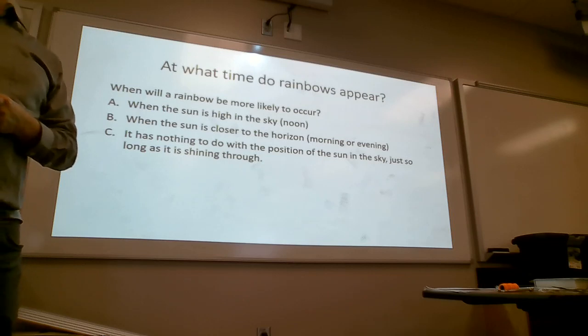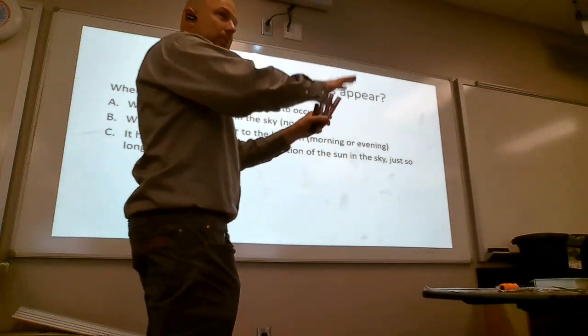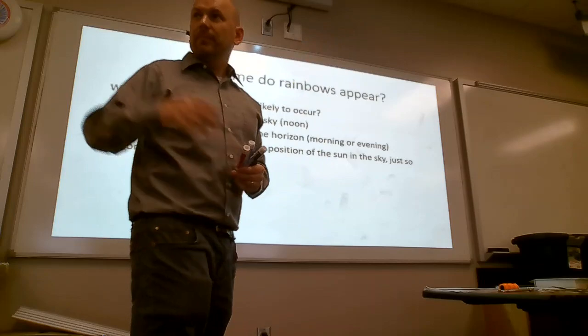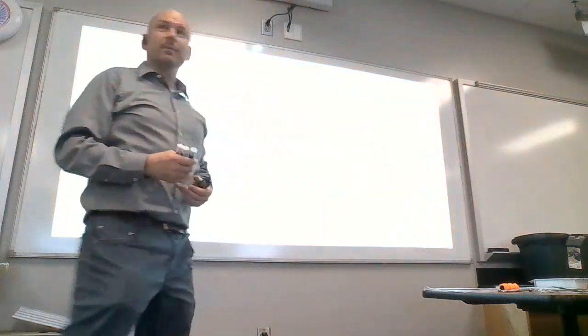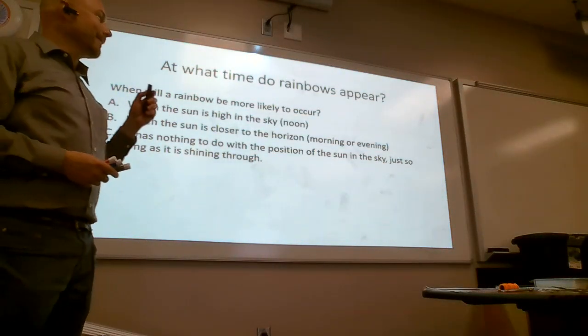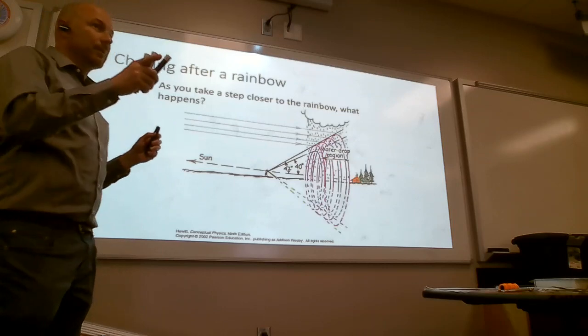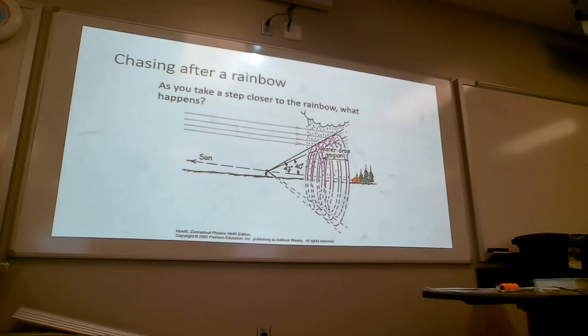It could be from your hose, your sprinkler system, or something where you can look down as you spray your hose and see a rainbow where the sun is at your back. That makes sense?